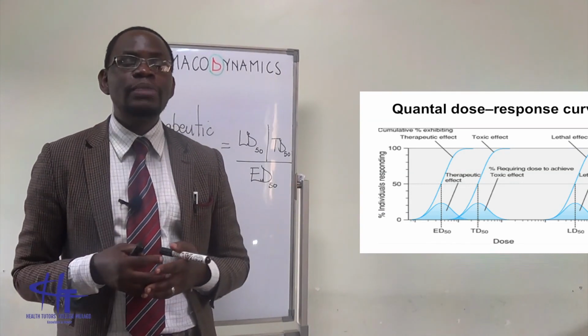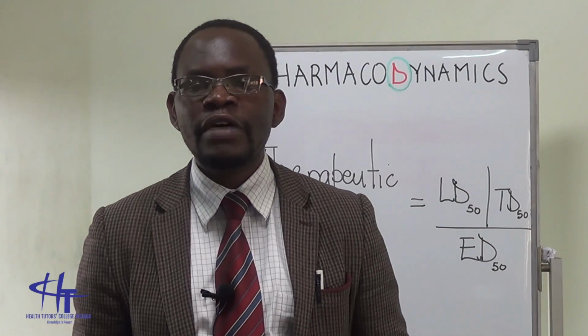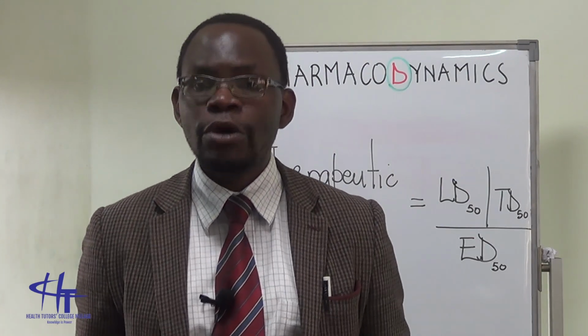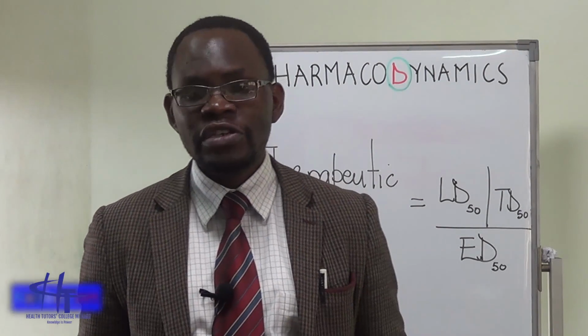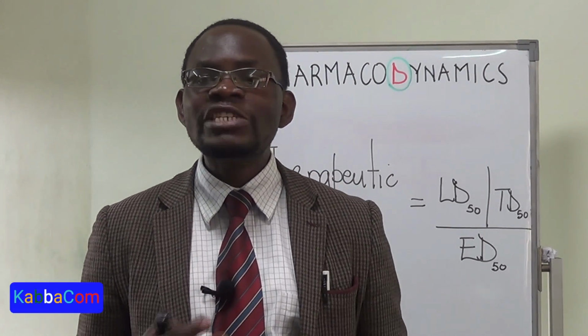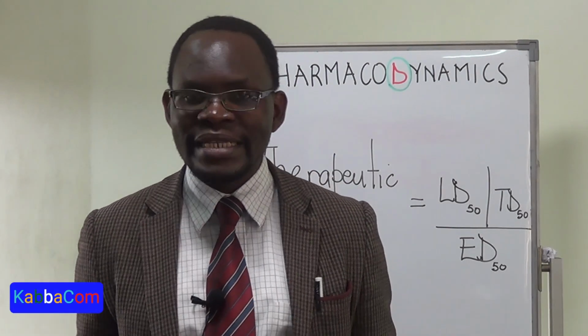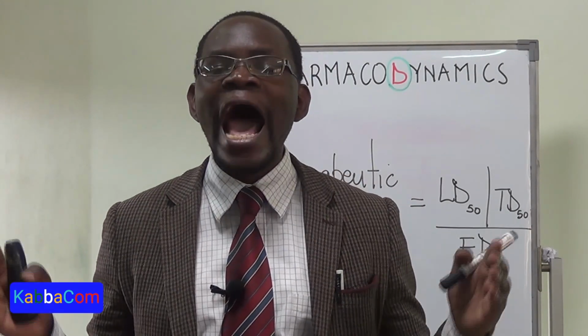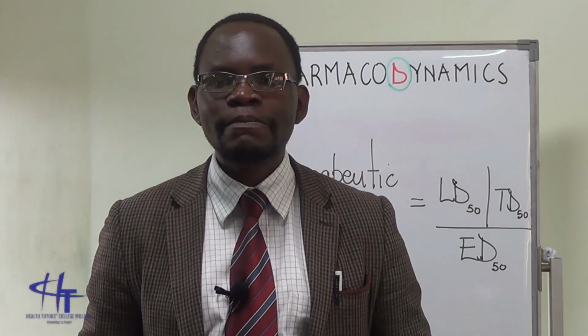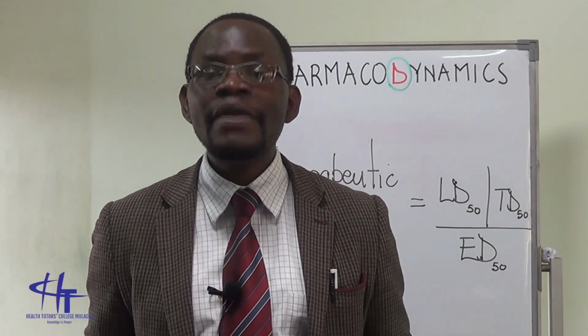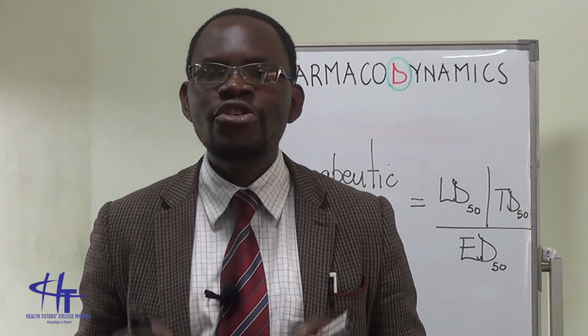Then we should be able to compute the therapeutic index of that drug. Each drug has its own therapeutic index, and as we said, the higher the therapeutic index, the safer the drug.